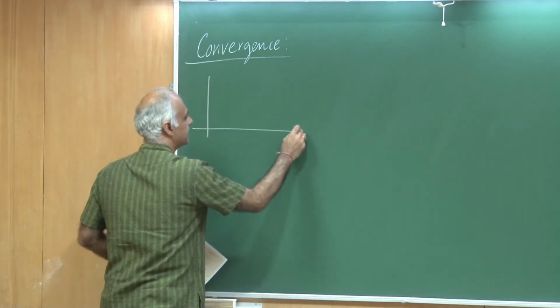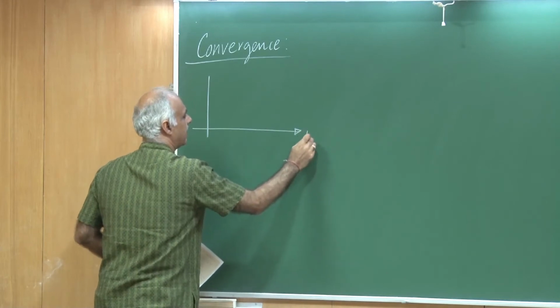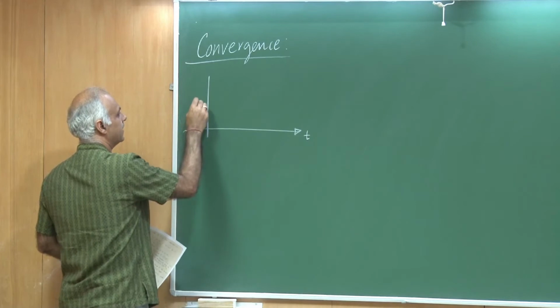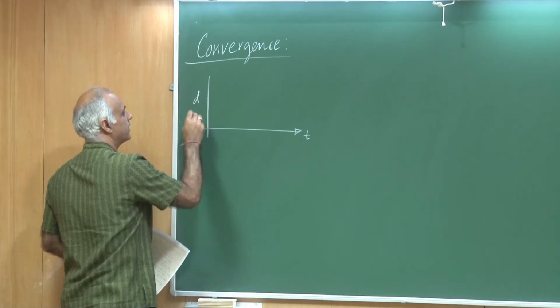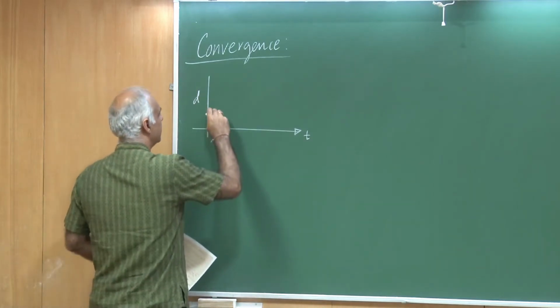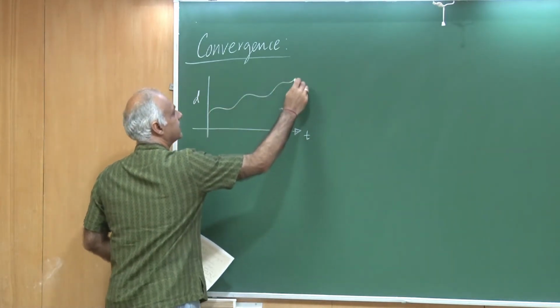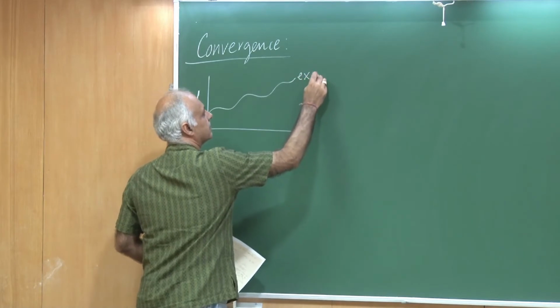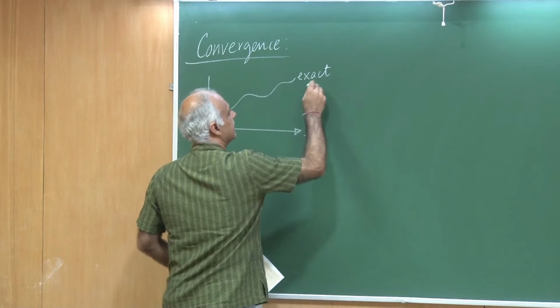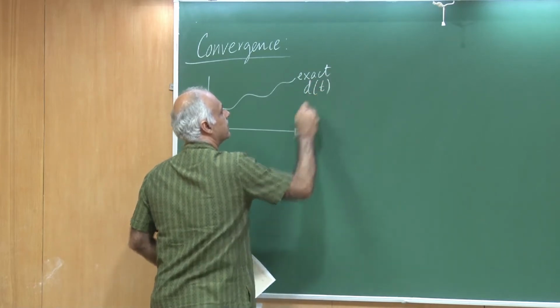Perhaps this is my time and I am looking at, let us say, the solution at a given point at some location x. And with time, suppose this is my exact solution. I am going to call this d of t.